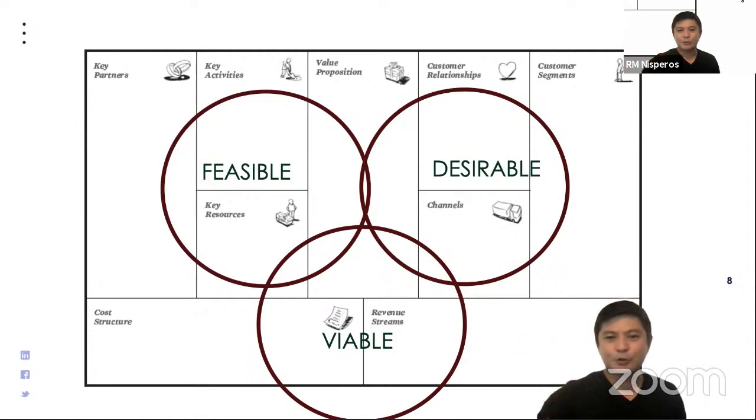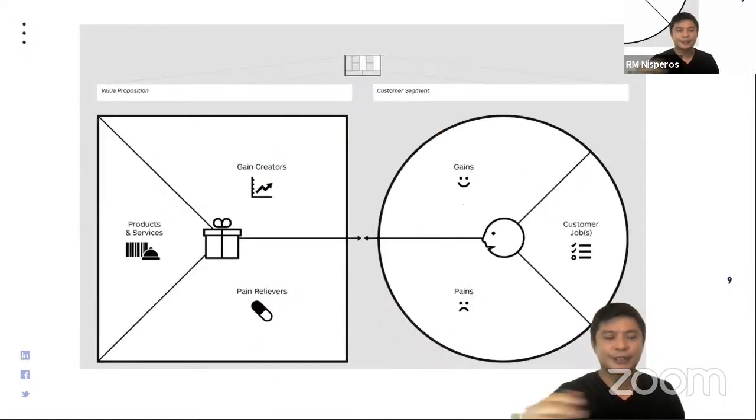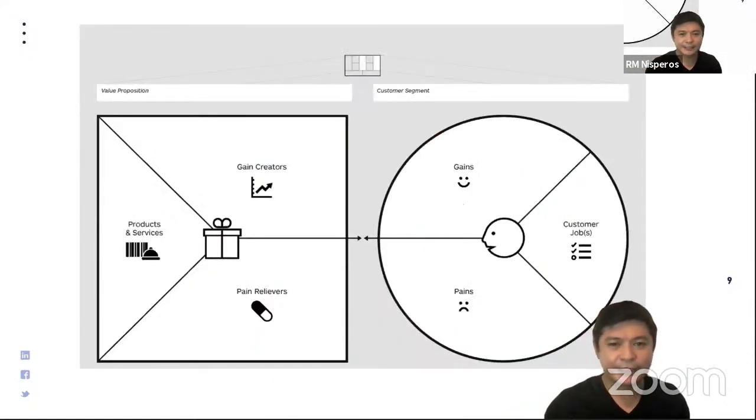Now, let's zoom in on the desirability. Since this is the first activity for our course. So desirability, it's about zooming in on the value proposition and customer segment.